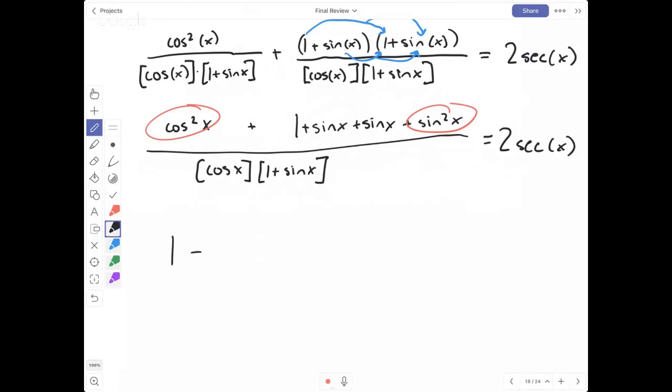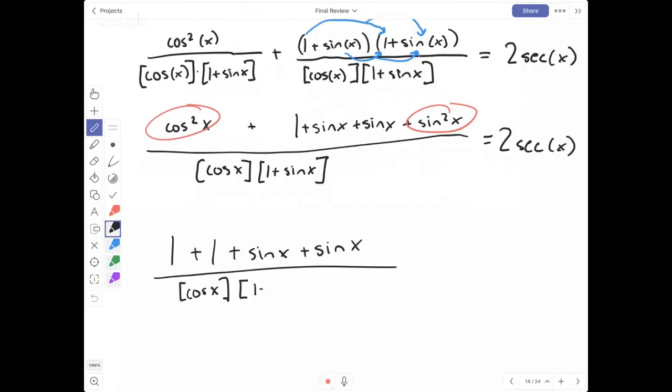So now I have 1 plus sine x plus sine x, which is 2 plus 2 sine x, over cosine x times 1 plus sine x. This is still the denominator. Nothing's changed. And here is 2 secant x over here.